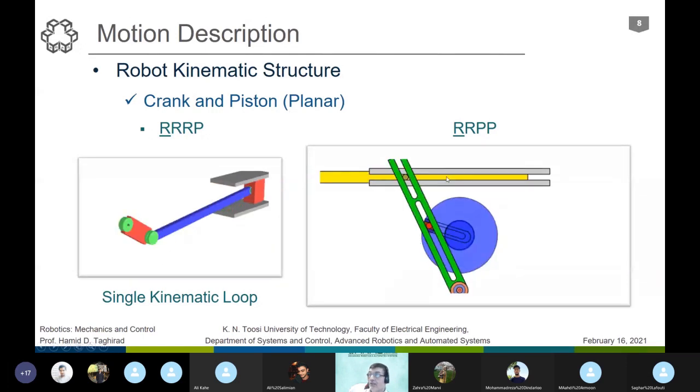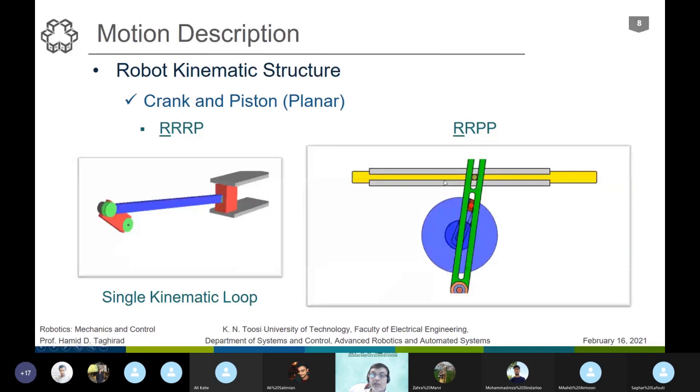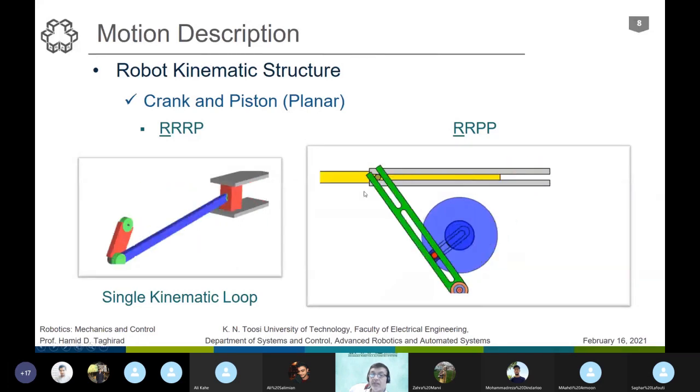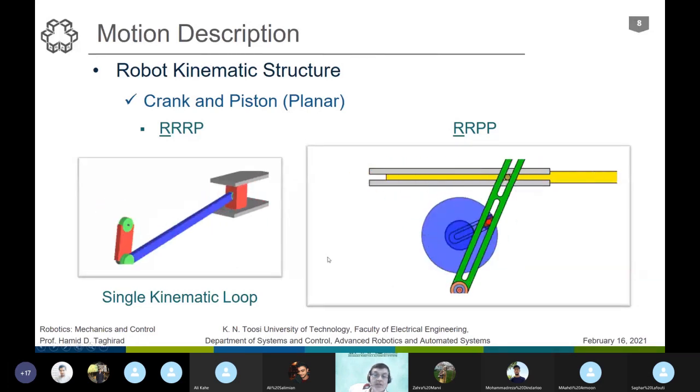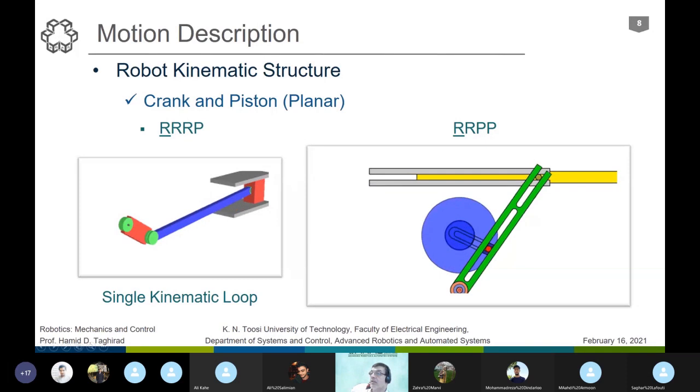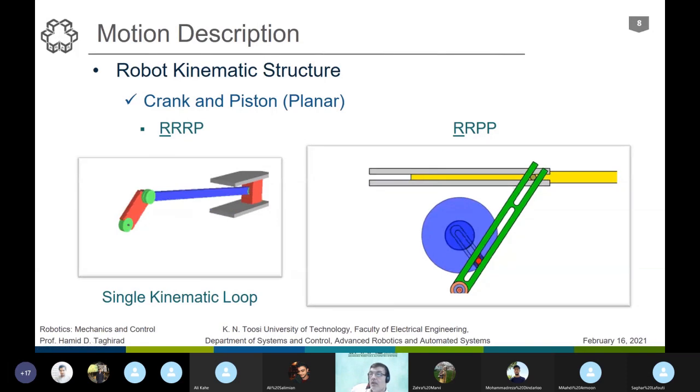It is very common to use something like that as a mechanism in our different structures. We can call them mechanism, we can call them robot, but it is not that important.